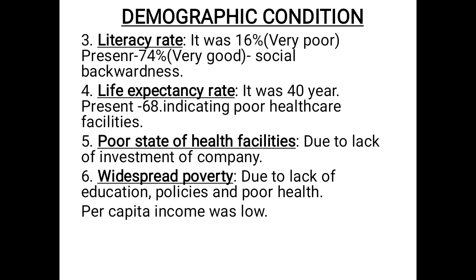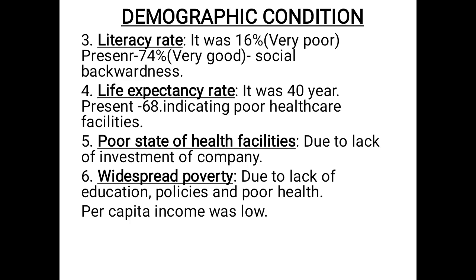Number 6, widespread poverty. In totality, we Indian people were very poor during the colonial period. What was the reason behind this? Education was not there, and the literacy rate was very low, as we discussed in point number 3.